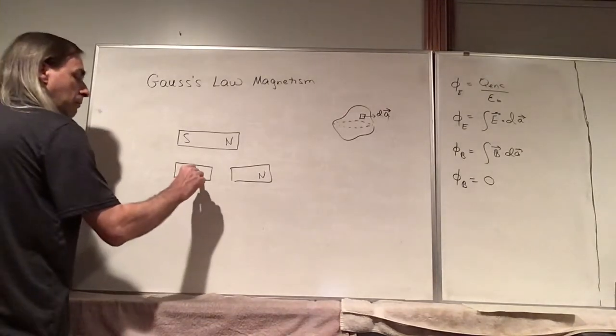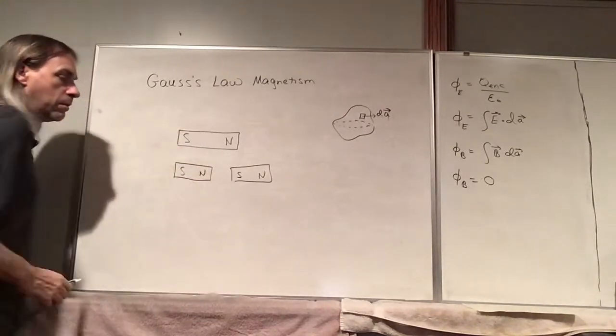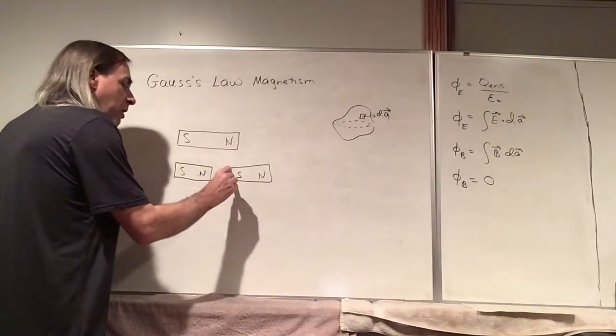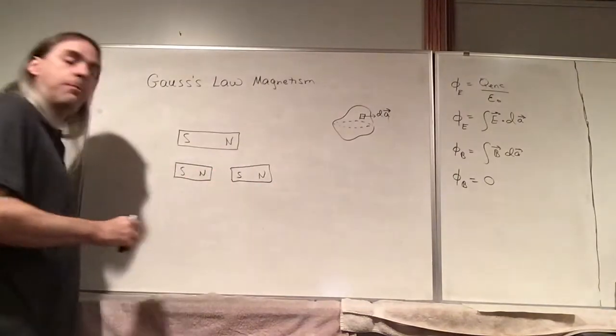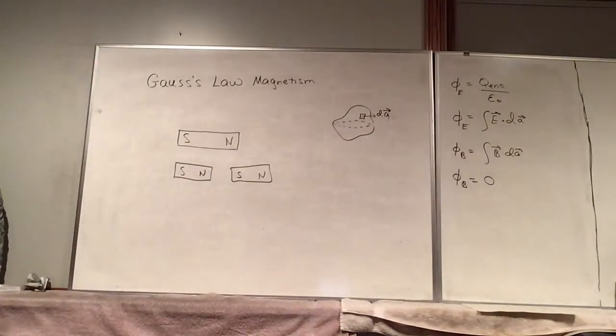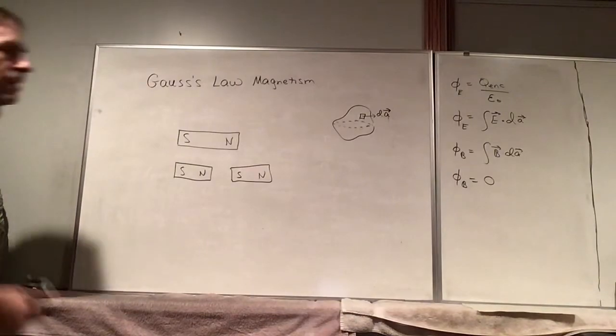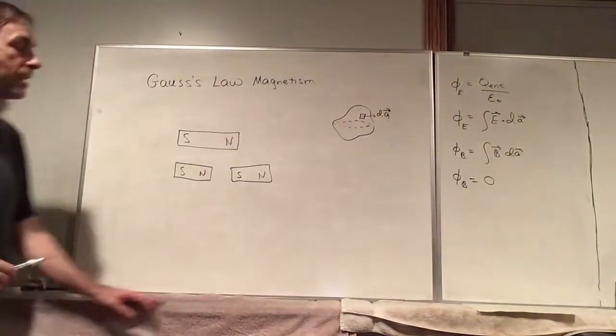Turns out each of the pieces has a north and a south pole. And as far as we know for sure, we can keep breaking this magnet into pieces, smaller and smaller, and this is always going to be the case. And that's really what Gauss's law for magnetism is telling us.